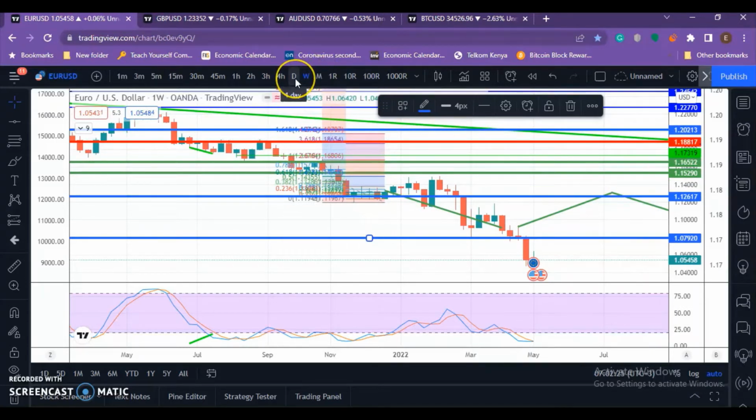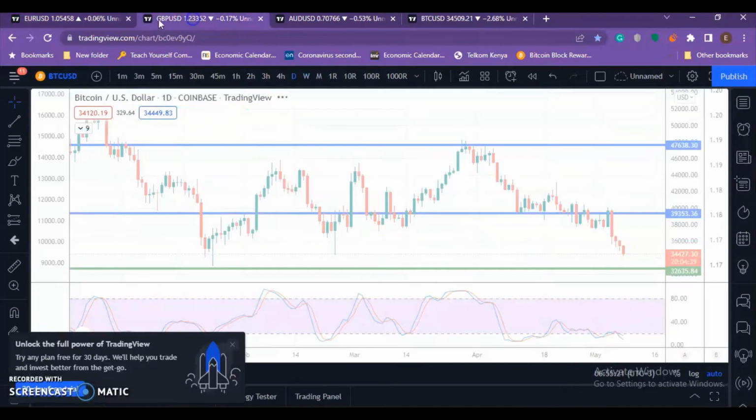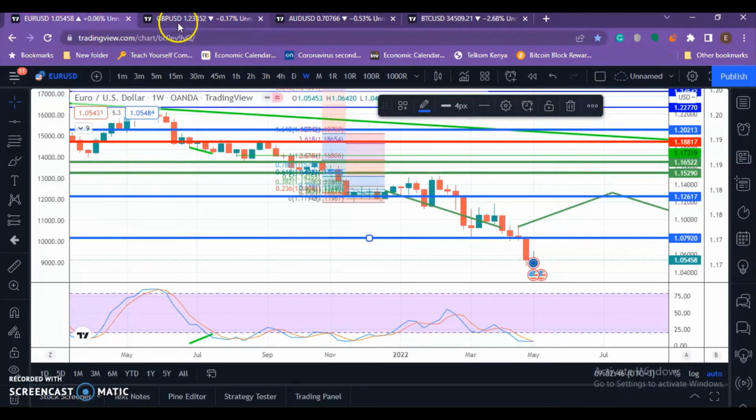But the long-term trend is bearish, but now the price always moves in a zigzag formation. So we're just going to wait for that bullish momentum to fade off so that we can sell it, because I believe in the long run it is heavily profitable to sell it rather than to buy it. But let's wait and see.